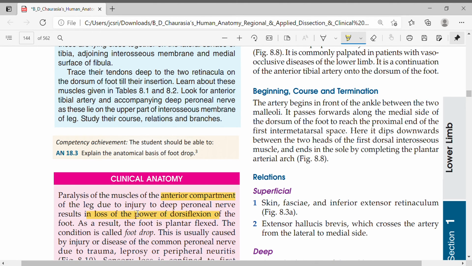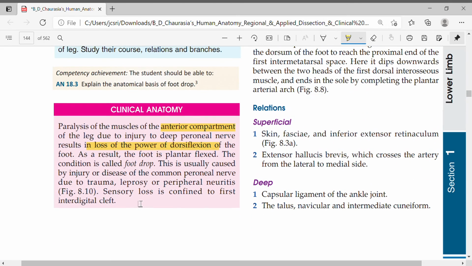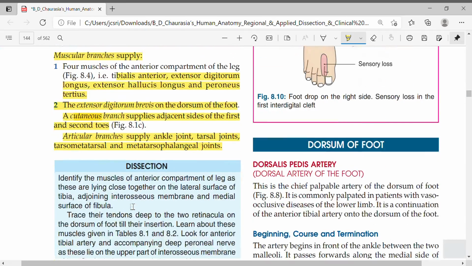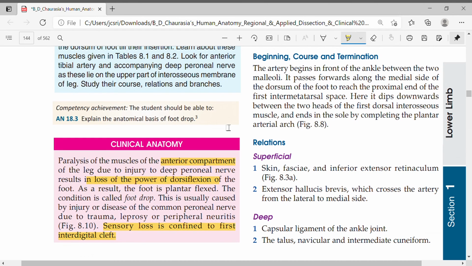There will be swelling and tenderness, meaning hotness, and sensory loss of the cutaneous supply due to compression of the deep peroneal nerve. The medial terminal branch supplies the first interdigital cleft, so there is sensory loss there too. There will be swelling, loss of pulsation at the dorsalis pedis, which is the termination of the anterior tibial artery, and dorsiflexion is affected.